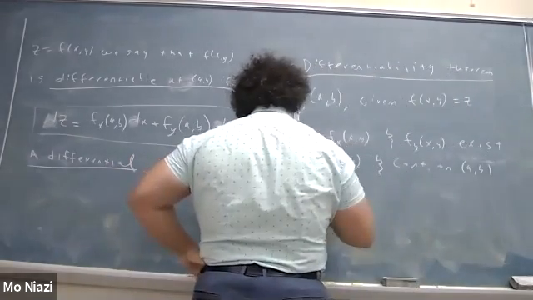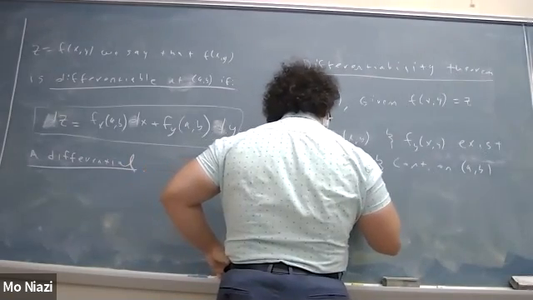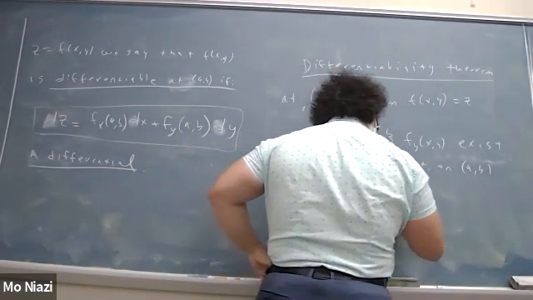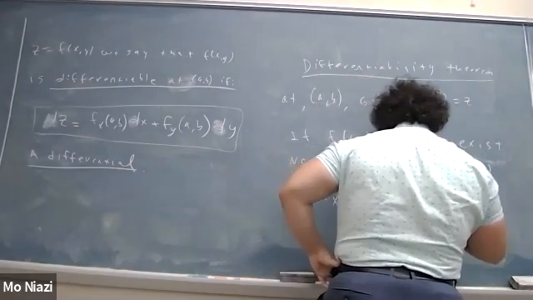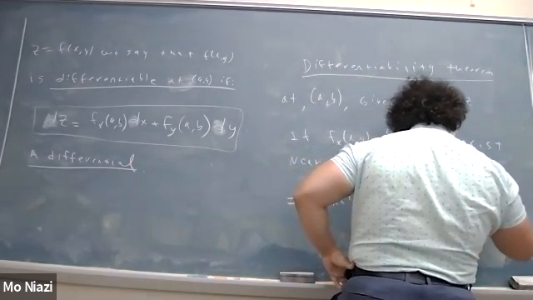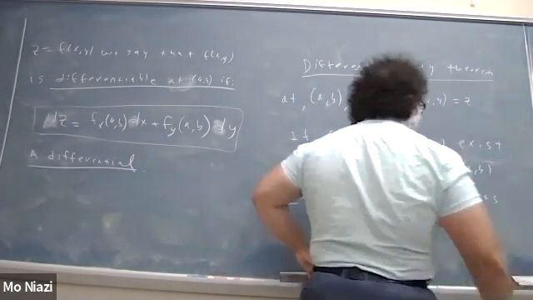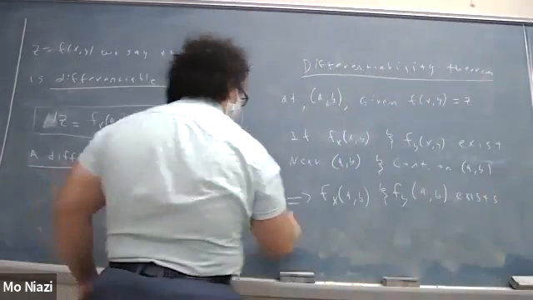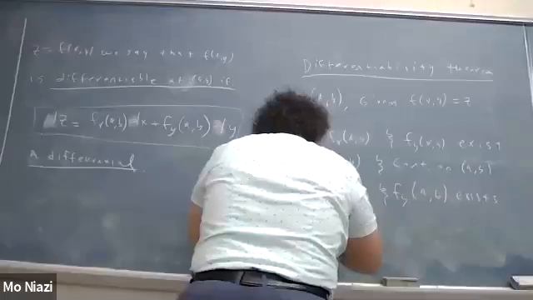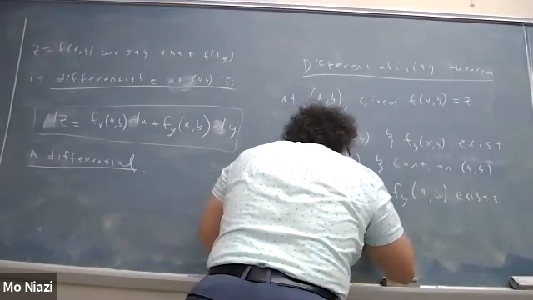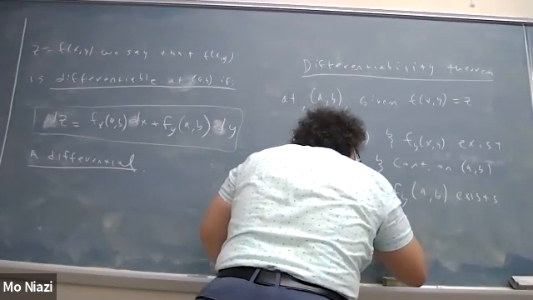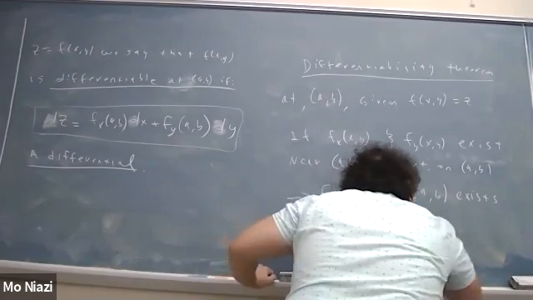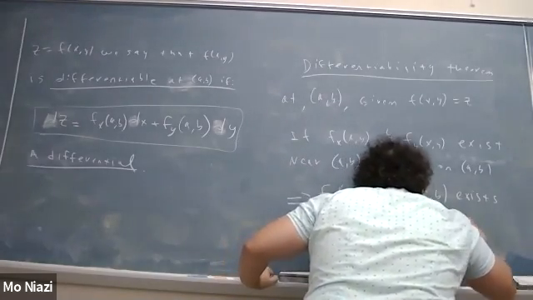Recall that that implies that this and this exists. We say that the function f is differentiable at AB at that point.